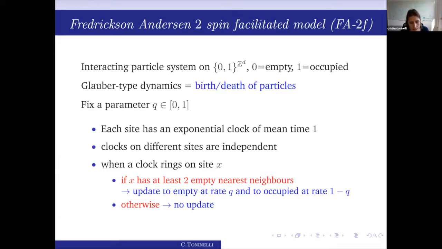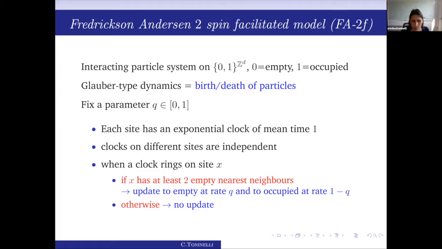If this is the case, then I update the configuration on that site, and I update it to empty at rate q. q is my parameter, which I had fixed before, and I update it to occupied at rate 1 minus q. Otherwise, meaning if the site on which the clock rings does not have at least 2 empty nearest neighbors, the update does not occur, and I go to the next clock ring. So this is the dynamics.